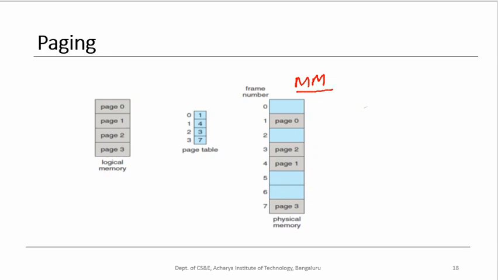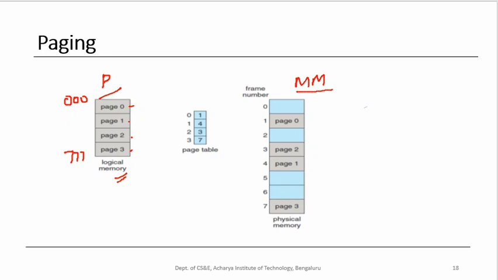Let's assume that the logical memory of a process P has 4 pages, P0, P1, P2 and P3. So the logical addresses could be starting from 000 to 777.